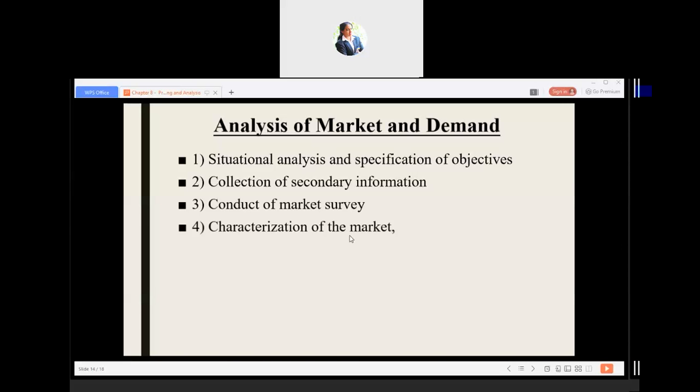Now, the other way of characterizing the market would be in terms of methods of distribution and sales promotion. The method of distribution usually changes with the nature of the product, that is, whether it is capital goods, industrial raw materials, or consumer products.